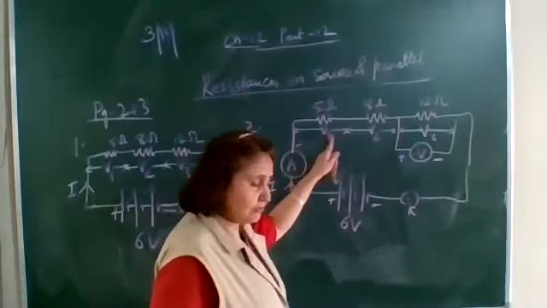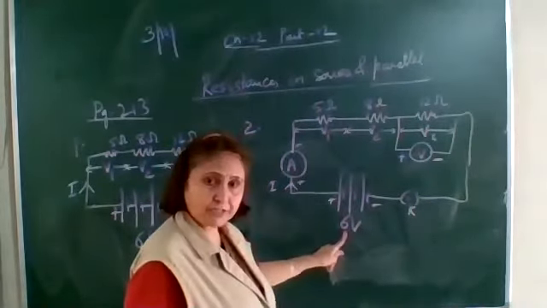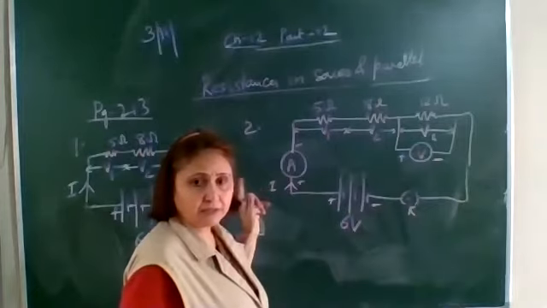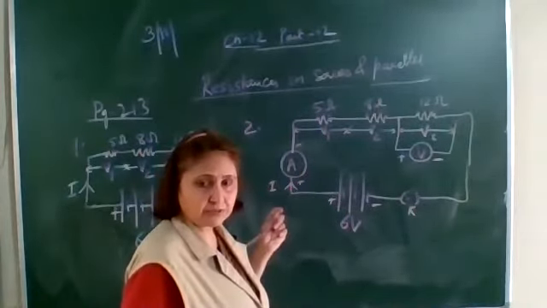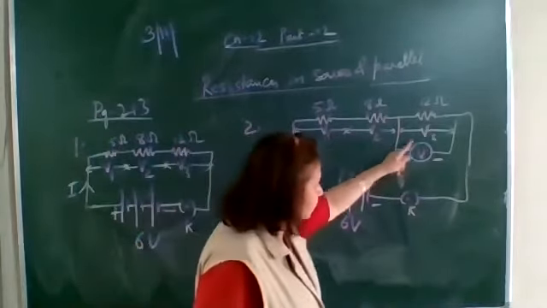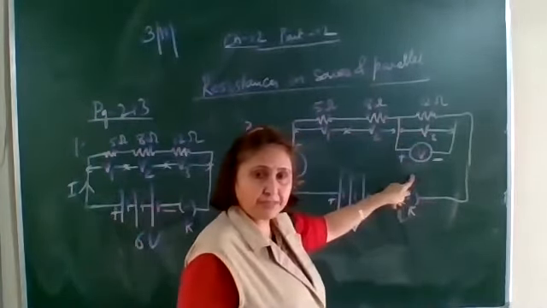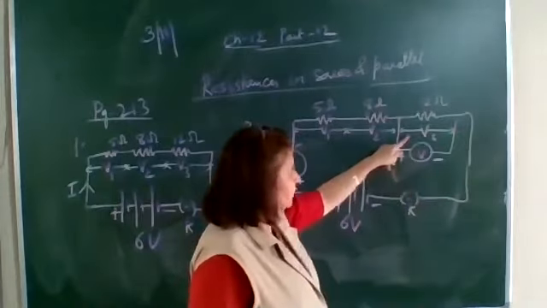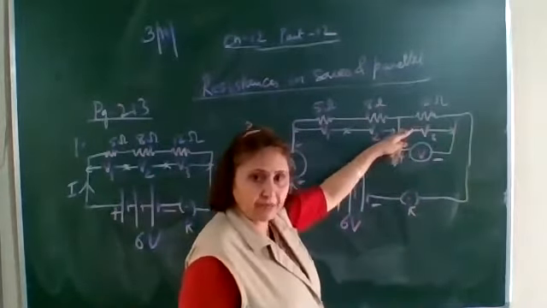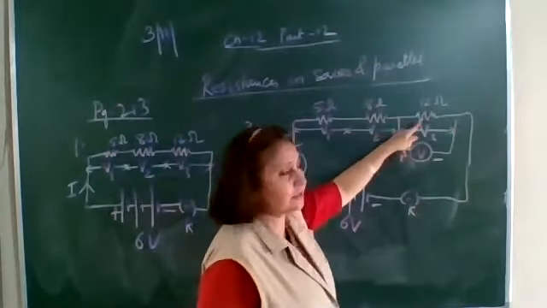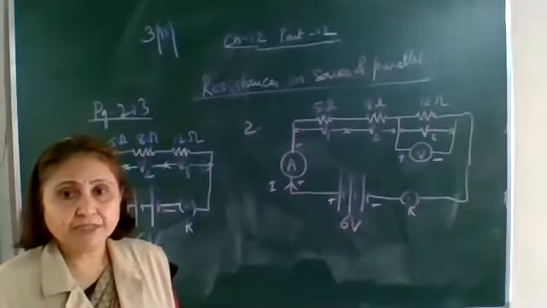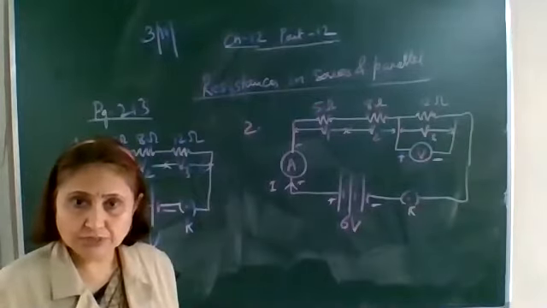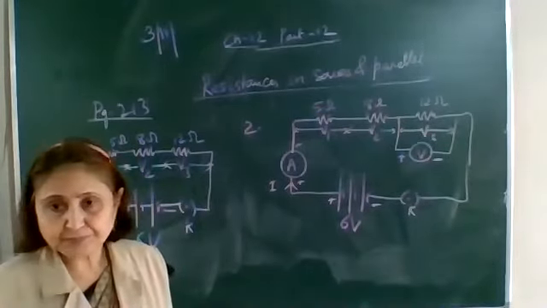Once you have the equivalent resistance and the total potential difference, you can find the current using I equals V upon equivalent resistance. Then V3, the voltmeter reading, is the current flowing, which is the same, I, that you have already found, into R. So I am giving you 1 minute, then I will solve on the board and you can check your answer.